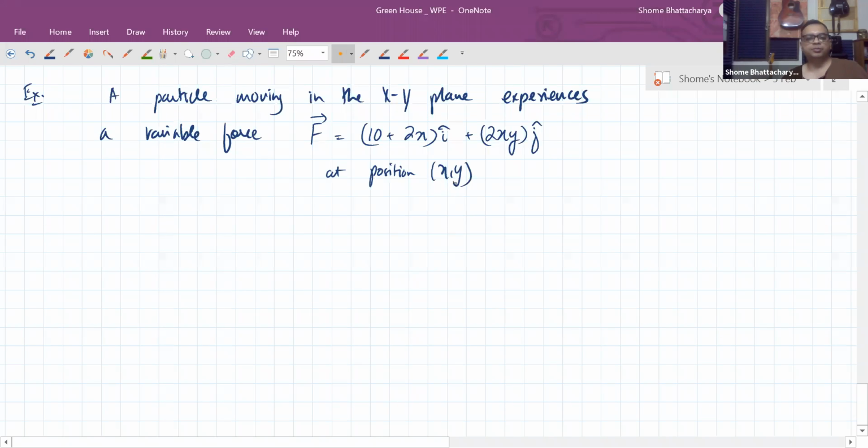So when a particle is at a position x comma y, it experiences a variable force given by this formula, where x and y are in meters, and F is in newtons.